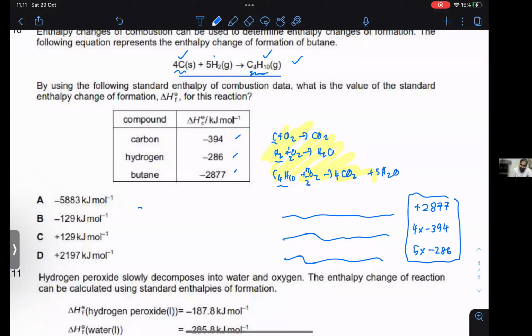So the answer is going to be 2877 plus 4 times negative 394 plus 5 times negative 286. So you calculate.